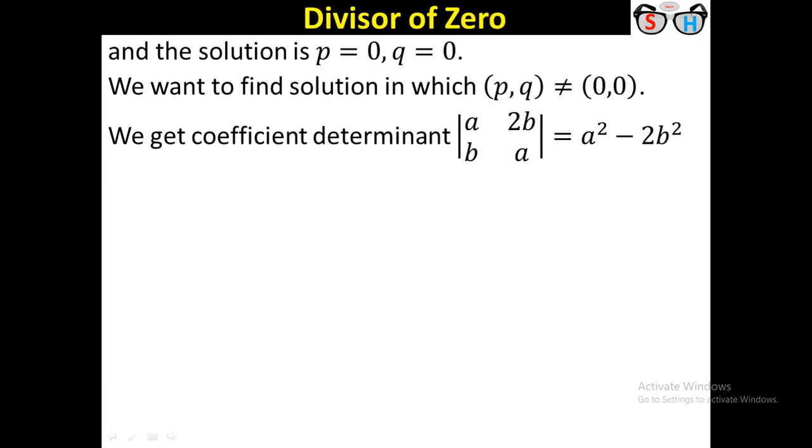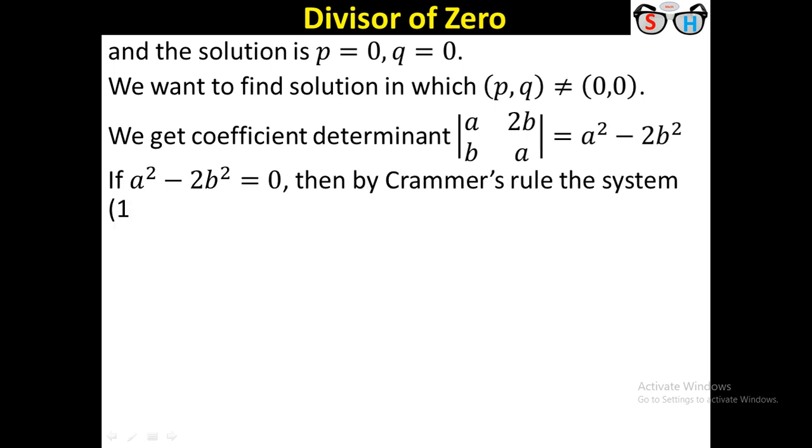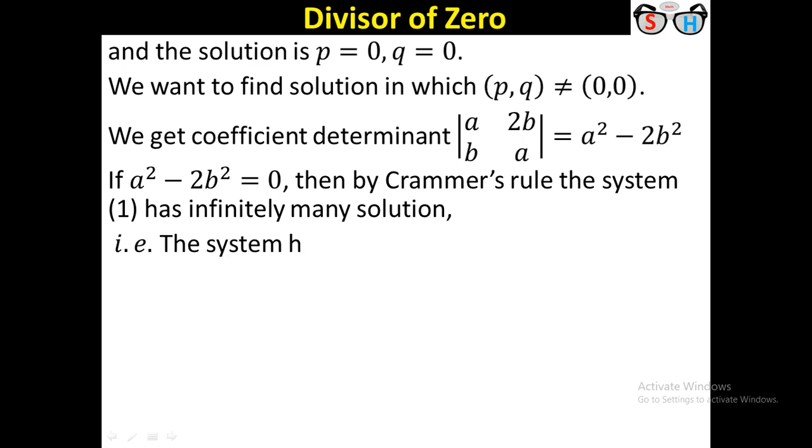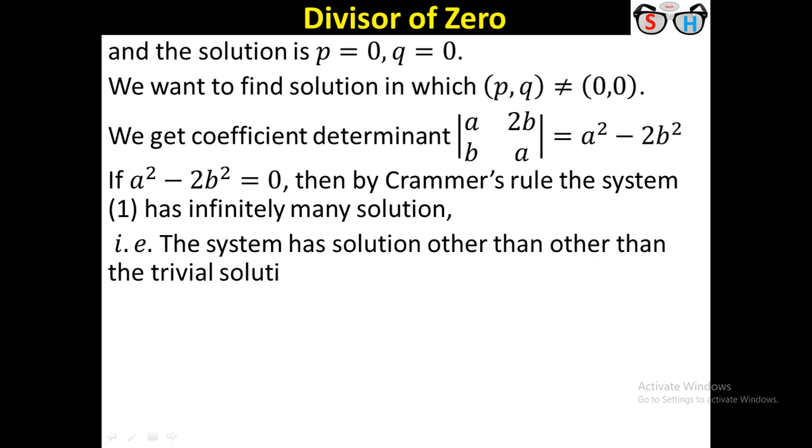If the coefficient determinant is 0, then by Cramer's rule the system has infinitely many solutions. You know Cramer's rule: if a squared minus 2b squared equals 0, then the system has a solution other than the trivial solution. Many solutions means more than one solution; in any case we know there is at least one solution, the trivial solution.